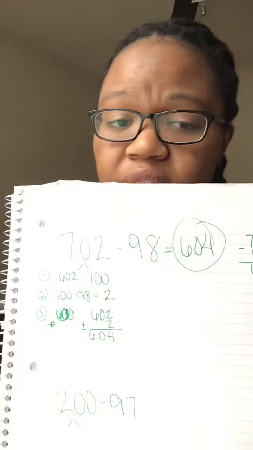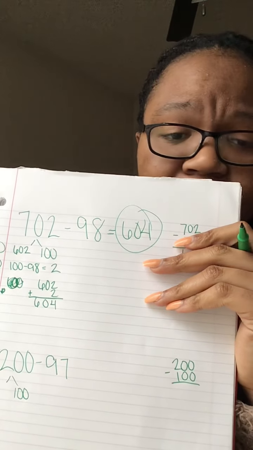And then it's time to subtract. So you know I'm going to write it down to the side. 200 minus 100. Write it down just like this so you can see it step by step.